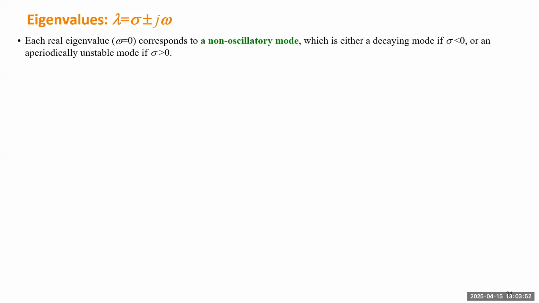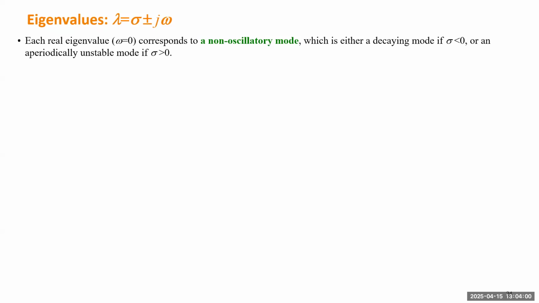At first, let me just give you a big picture about all possible eigenvalues. Even though here we only focus on oscillatory modes, which means the complex eigenvalues, the conjugated pairs of complex eigenvalues, if any eigenvalue is real, it corresponds to a non-oscillatory mode.